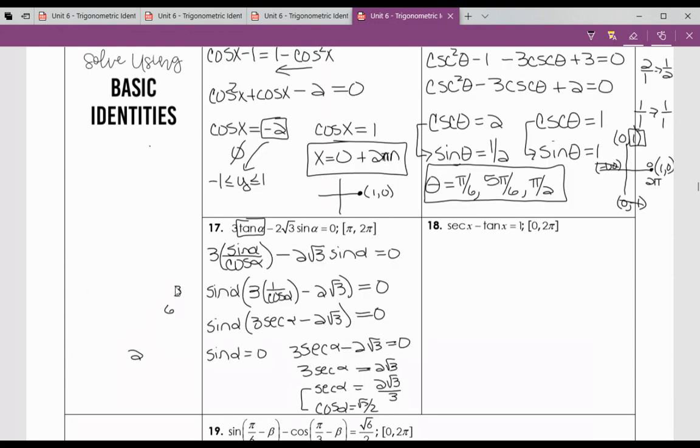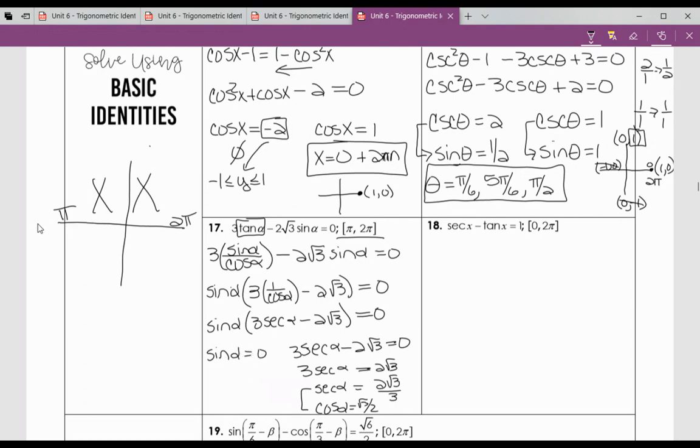Okay, so when I go to my unit circle, I have to consider my interval, so I can give answers from pi to 2 pi. So that means first and second quadrant are out. So I need to find any place that sine is 0.